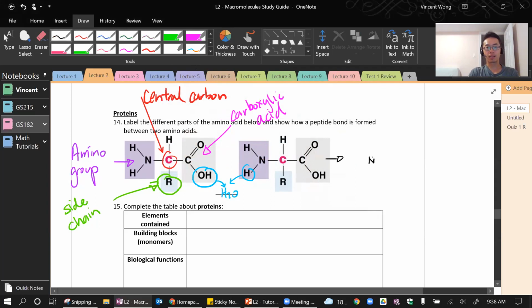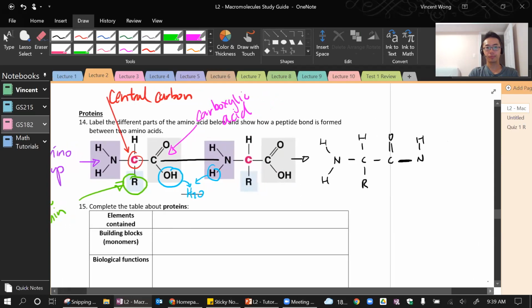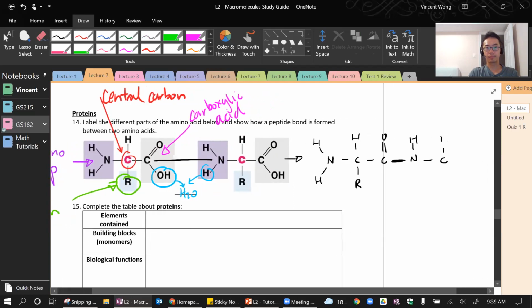It's going to look like this: NH and H, carbon, hydrogen, and this would be the side chain, and then C double bond O, and then this C will now connect directly with N. So this is another R, and then you're going to have C double bond O, OH.